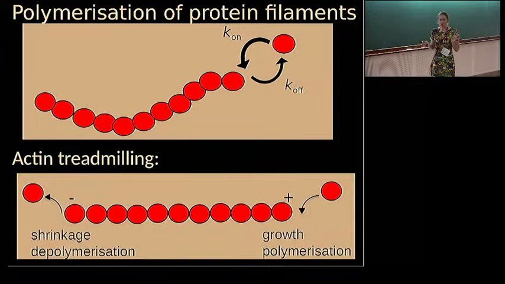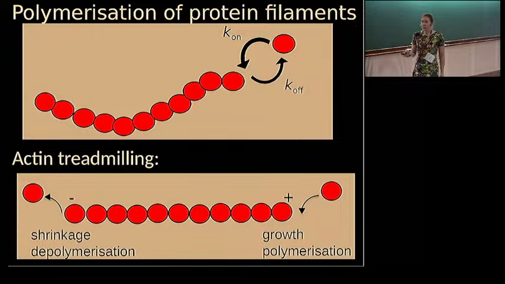So you generally get polymerization at one end and depolymerization at the other. But the exact rates of these depend on the concentration of actin monomers that you've got in your system, which can be manipulated if you're in vitro, and it varies a lot within the cell.